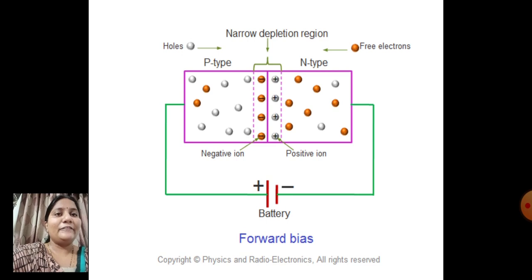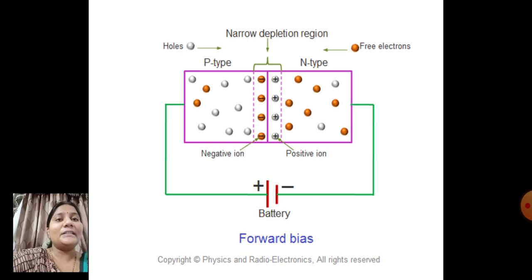So if a majority charge carrier should cross from P to N or N to P, the battery voltage should reach the knee voltage, which is also known as threshold voltage, and it is 0.7 or sometimes 0.3 depending upon the material used, germanium or silicon. Clear? Now what is the condition of the PN junction diode here?